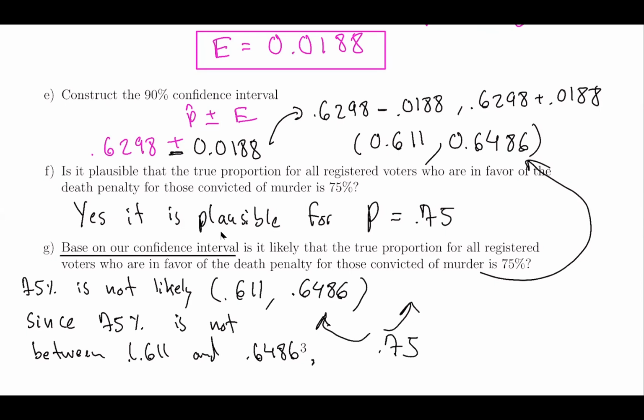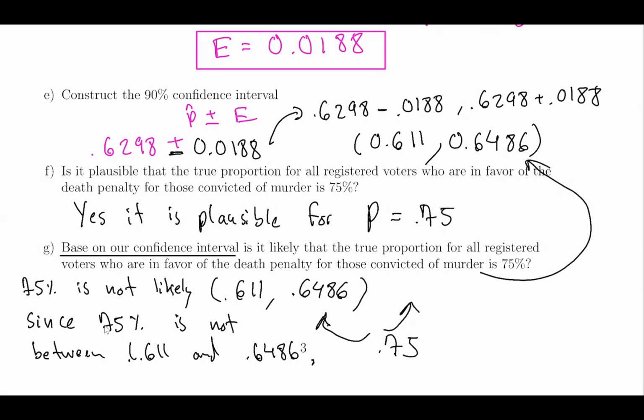So anything is possible. So that way you say, yeah, P can equal 0.75. But for part G, since it's asking us specifically, can 75% be the true population proportion, given that the confidence interval is 0.611 and 0.6486?